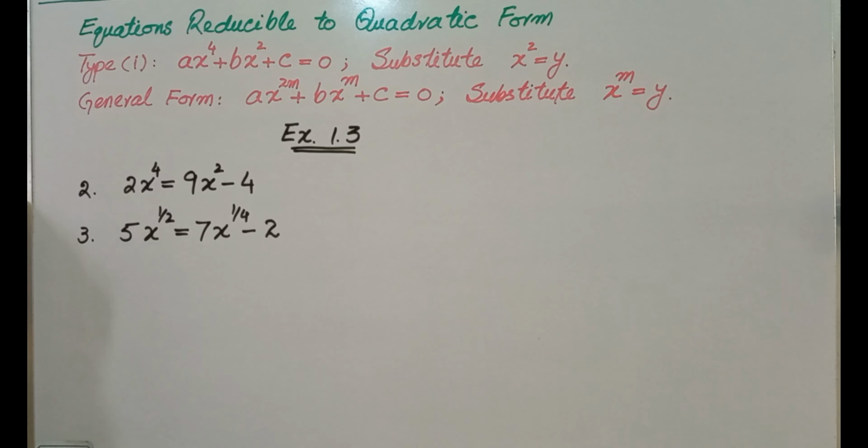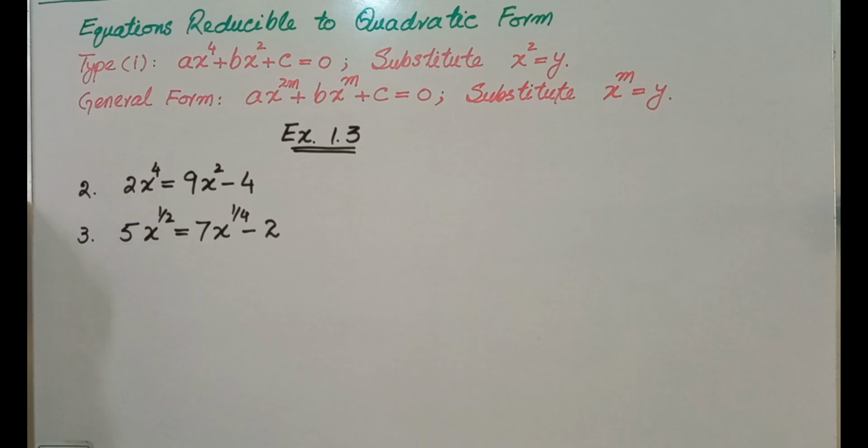Now if we replace the term in the parenthesis, which is x square, by y in the last equation, we get 2y square minus 9y plus 4 equals 0. We have replaced x square by y here and here.